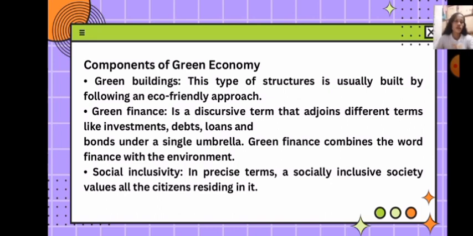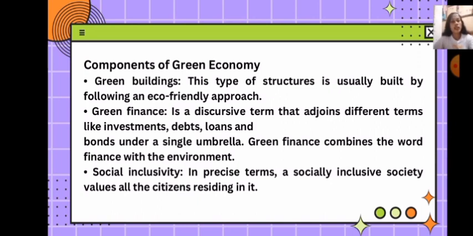So green buildings are proposed or encouraged, the concept of green, because less energy is used and instead it is natural.